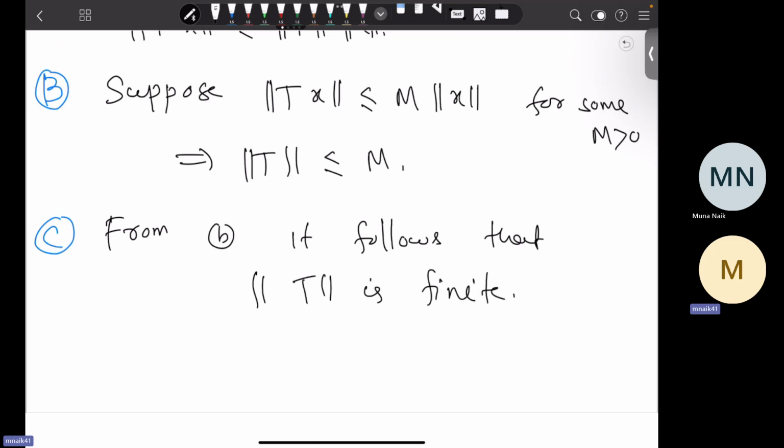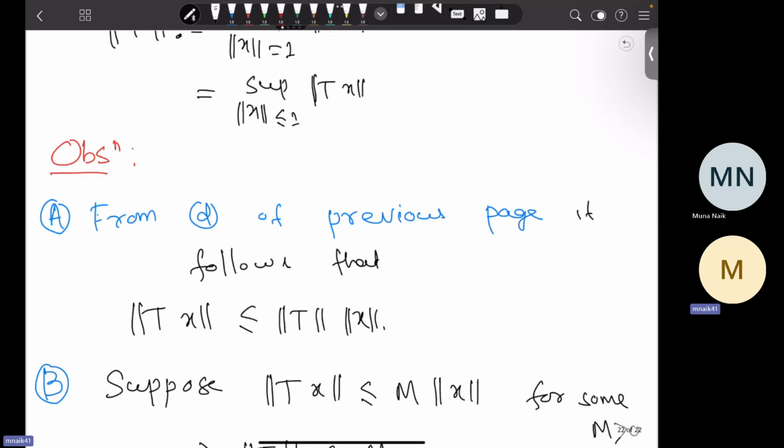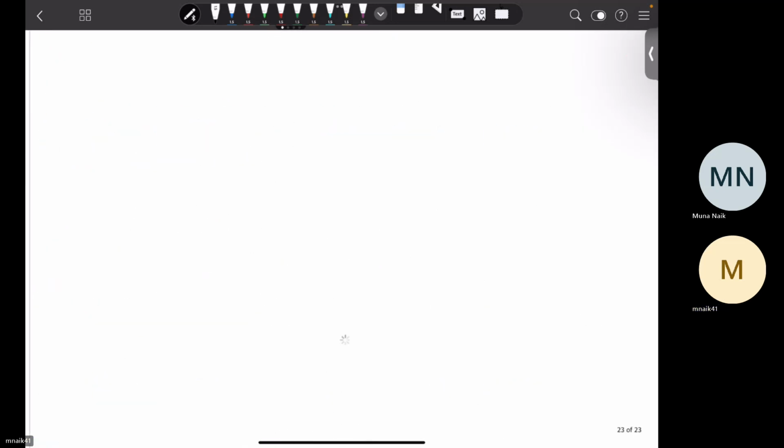Now let us prove the fact that the operator norm is a norm. So first proposition.